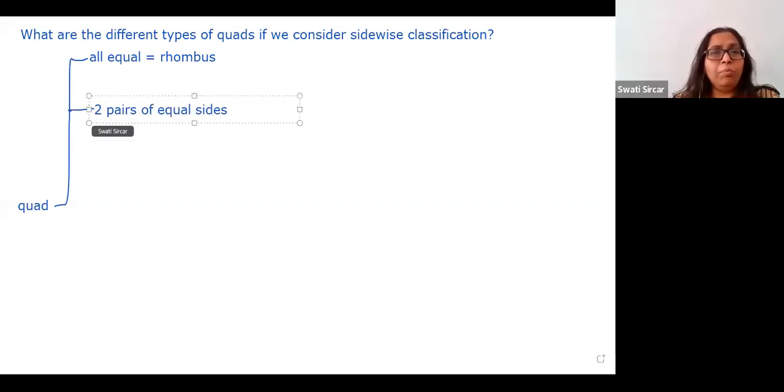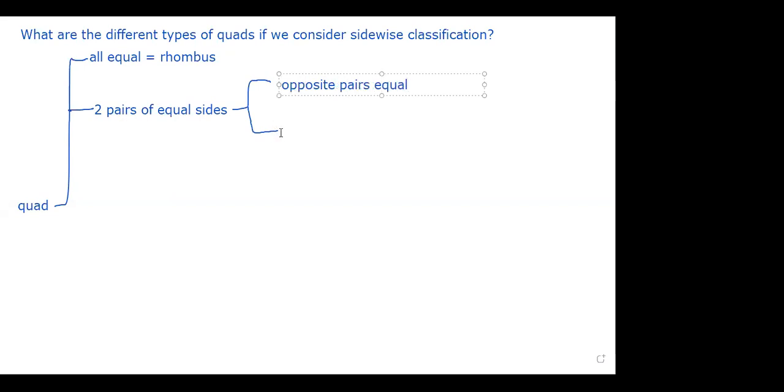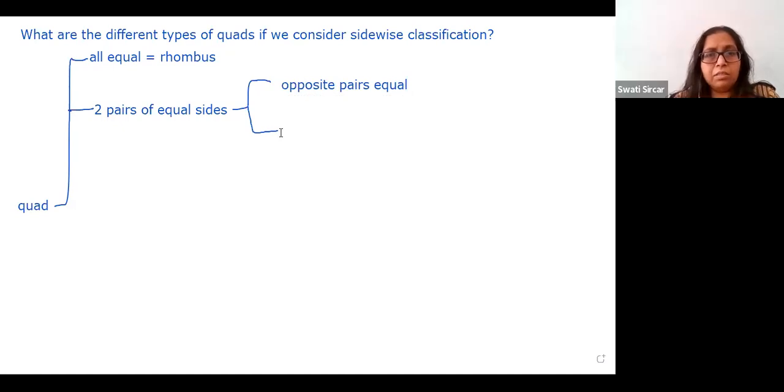Exactly. So there are two branches that we get from here: opposite pairs equal, and adjacent pairs equal.